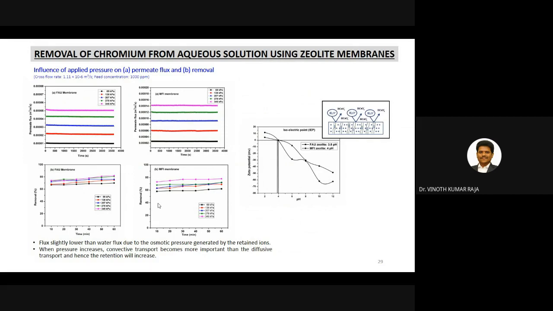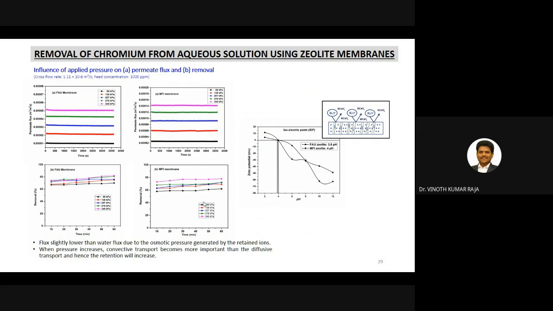In this figure, this is for FAU and this is for MFI. This is the flux profile and this is the percentage removal profile. The permeate fluxes with time for both zeolite membranes are presented at various applied pressures.